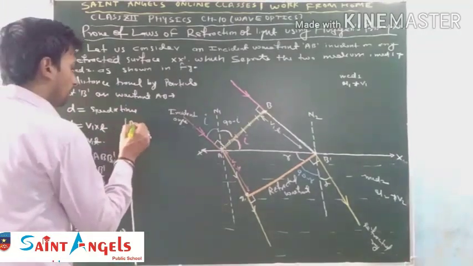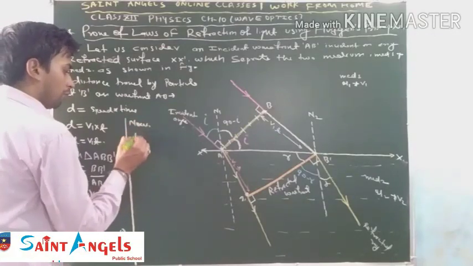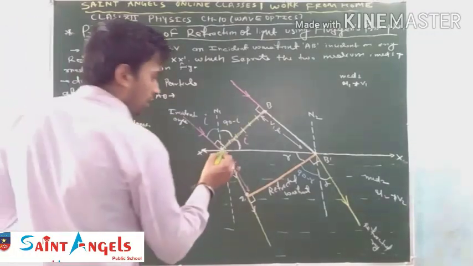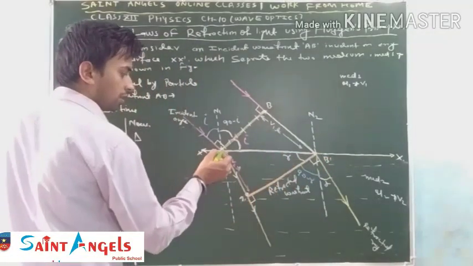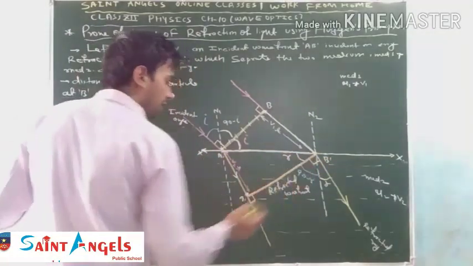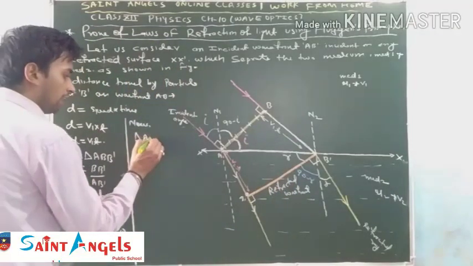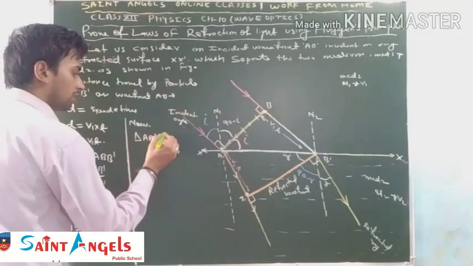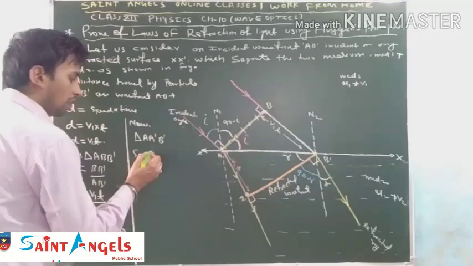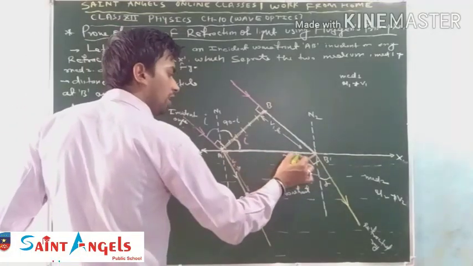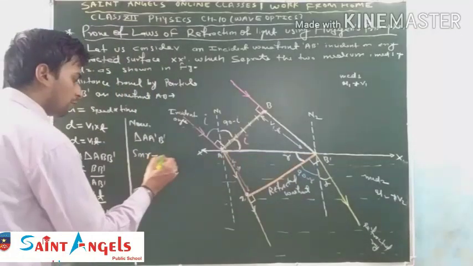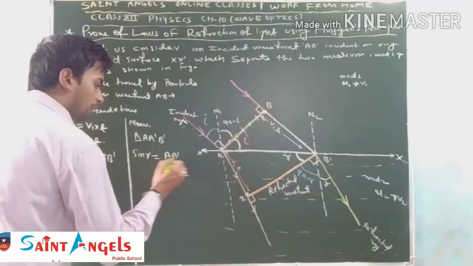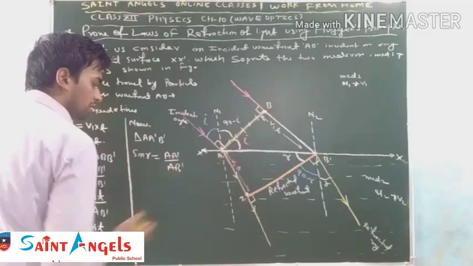Now student, from triangle AA dash B dash, sin r equals perpendicular AA dash upon AB dash.